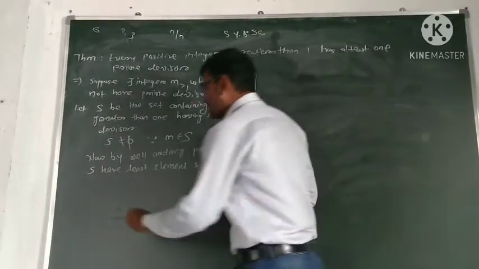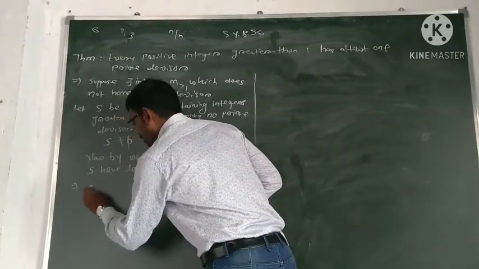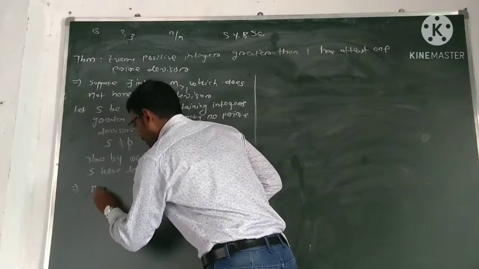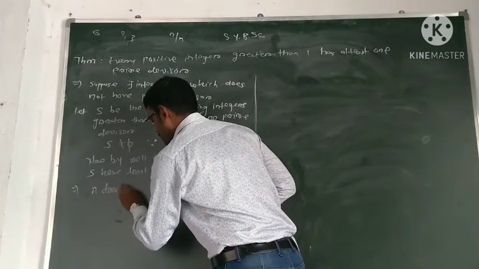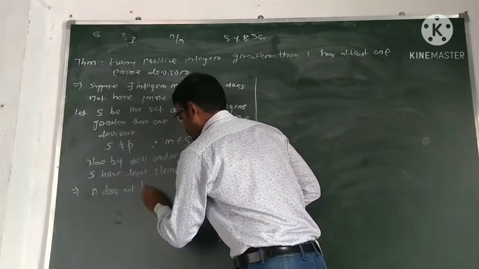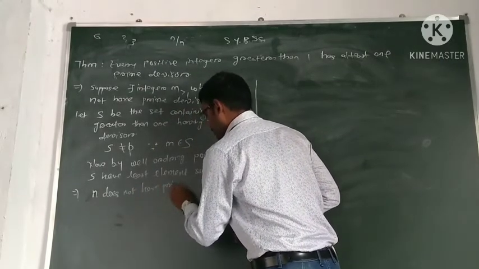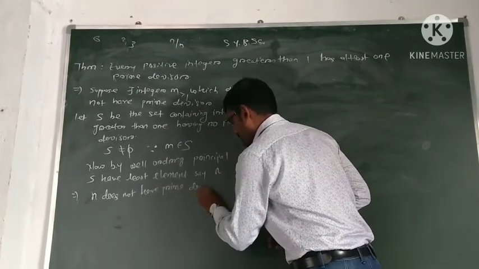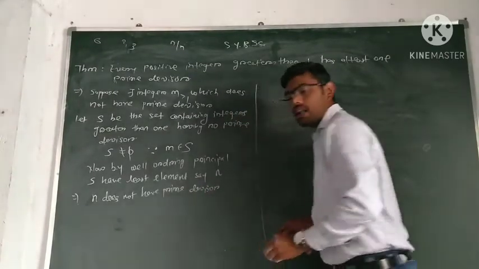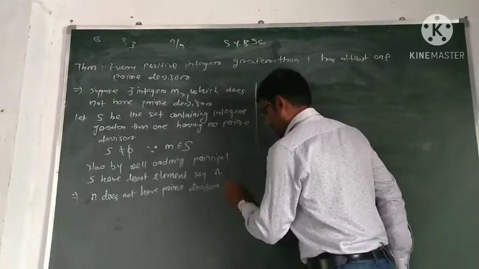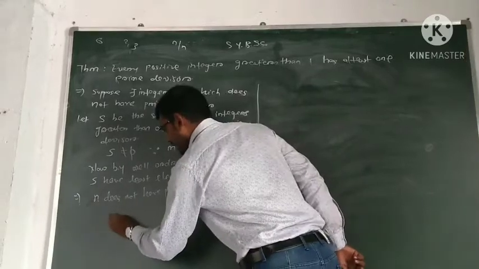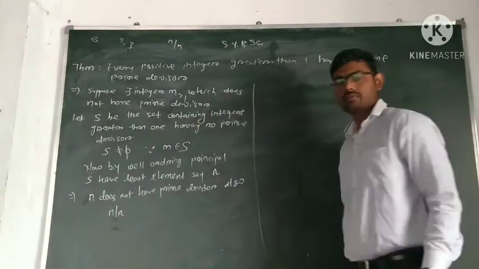This implies n does not have a prime divisor. Also, n divides itself.